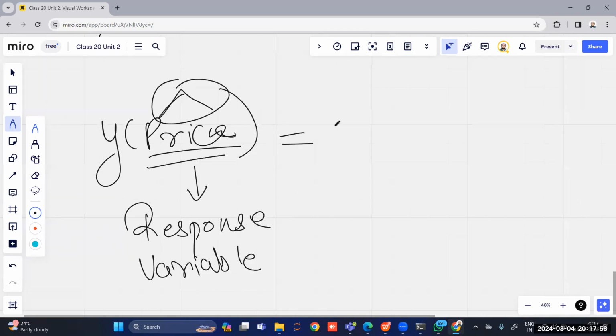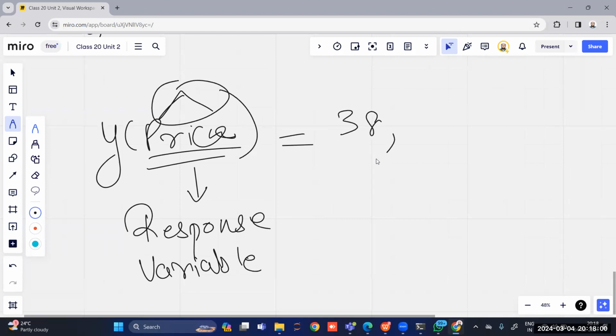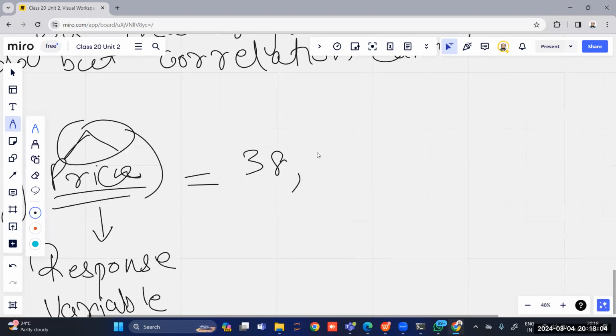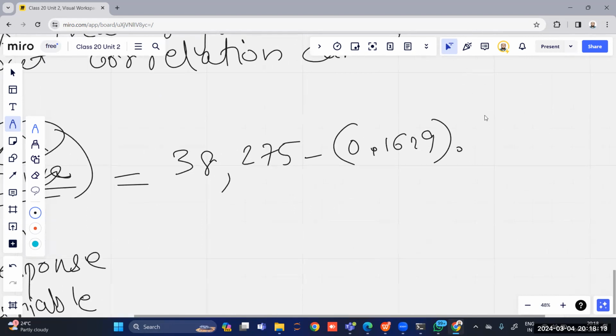It had 38,257 minus 0.1629 into x. What is x?